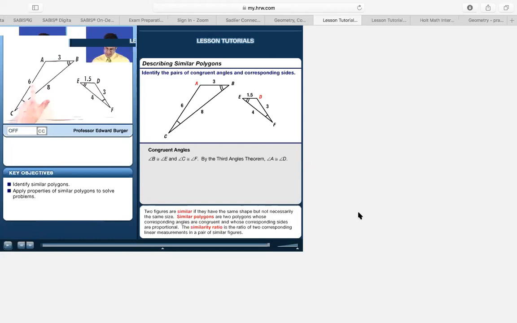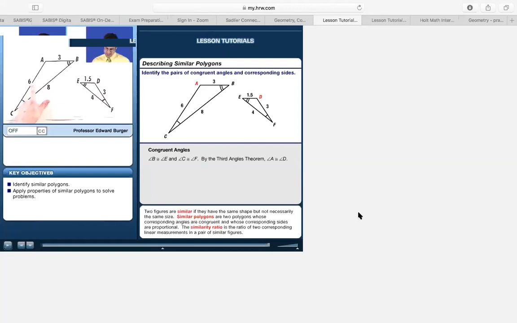If you are putting your finger on the screen on angle C and angle F, the corresponding opposite side to angle C is AB, and to angle F is ED. Also, I have two congruent angles, angle B and angle E.